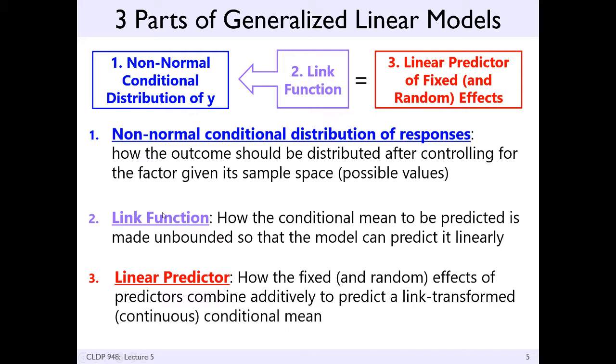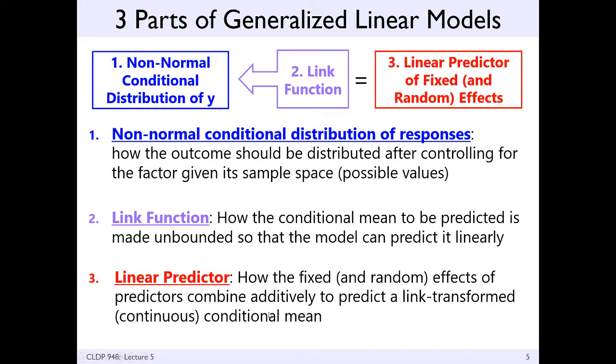The second piece here is what's known as a link function. It means a transformation. The trick is that we're not transforming our data. We're transforming the outcome that the model predicts. And link functions are things like logits and probits and tobits. Log, complementary log, all of those things are called links.